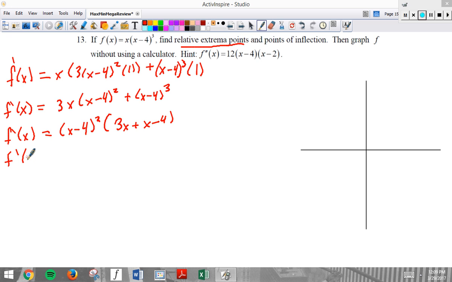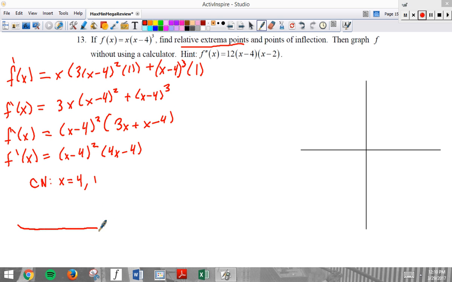So f prime of x. And this is a really nice technique to get real easy access to critical numbers and testing the values. So critical numbers, x equals 4 and x equals 1. Oh, I almost wrote x equals again, but you don't have to. Boom.